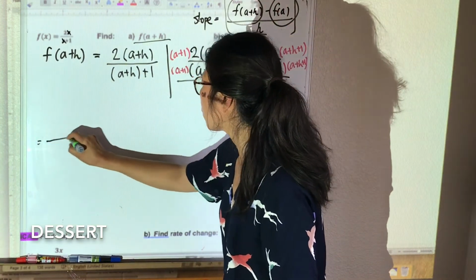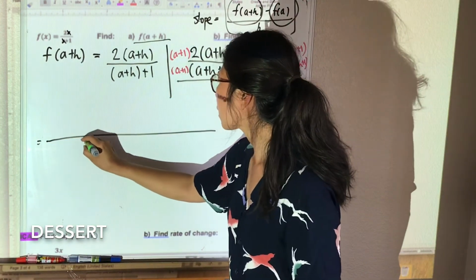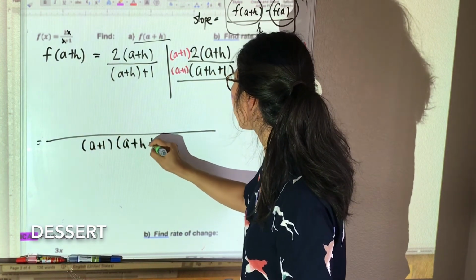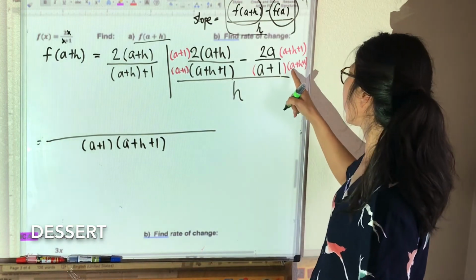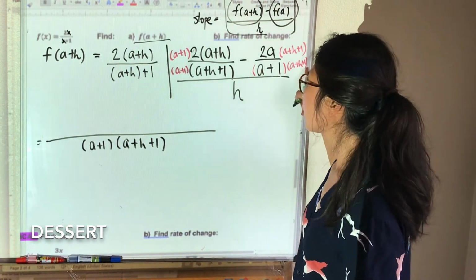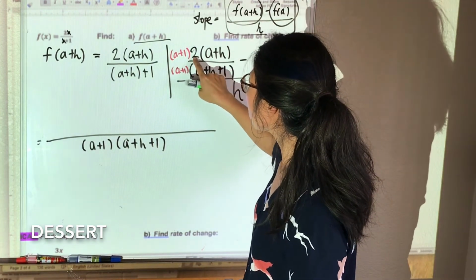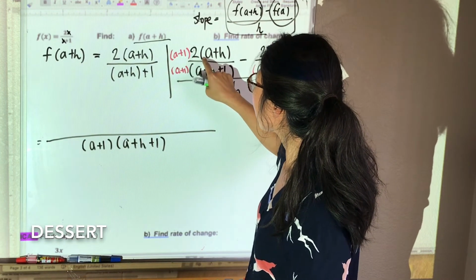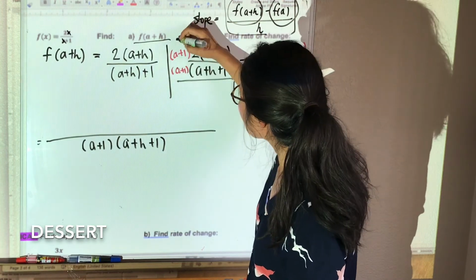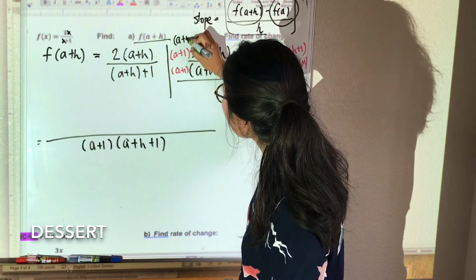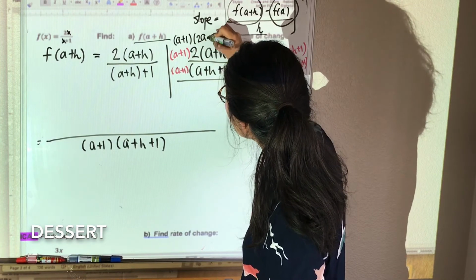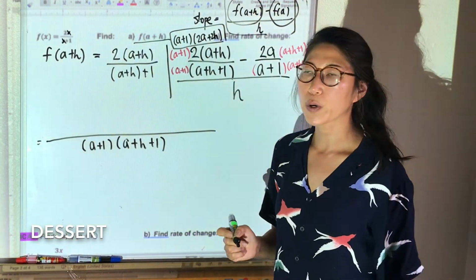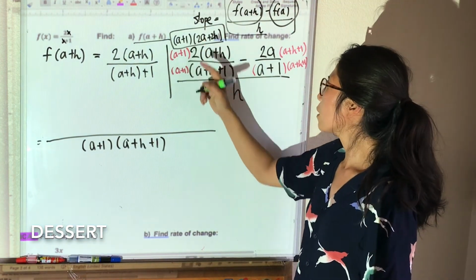If I put together here, you see my common denominator will be a plus 1 times a plus h plus 1. And in these two, I'm going to carefully put inside. So when I distribute this one, I can just do at once a plus 1 times 2a plus 2h, so that I can finish it in one foiling. So let's do foiling carefully.